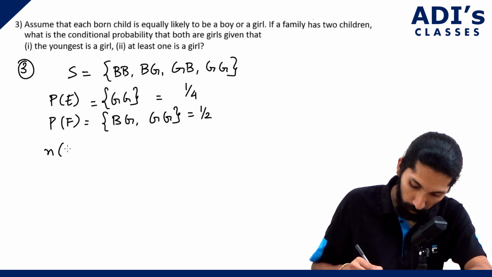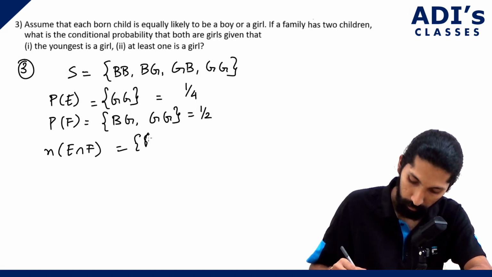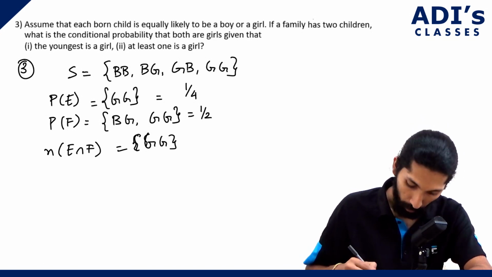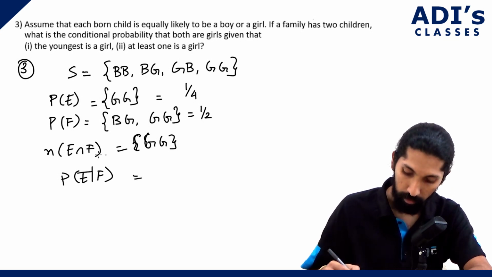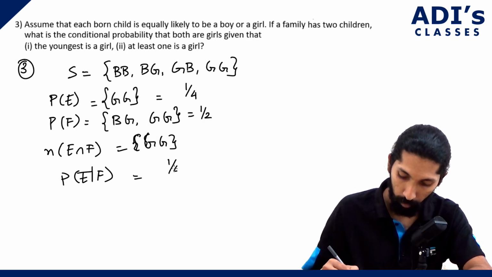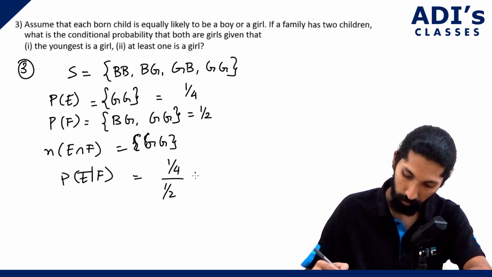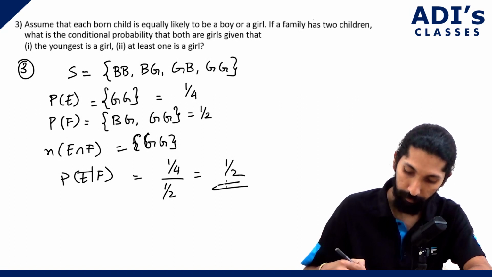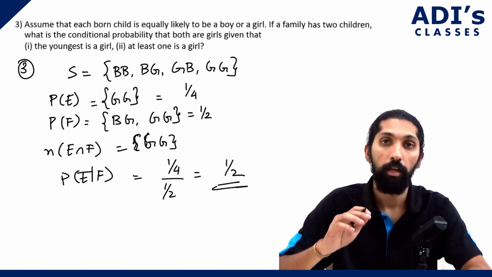Now, E intersection F is going to be just GG. So P of E given F is going to be 1 by 4 divided by 1 by 2. So the answer is going to be half. So probability is half. Very simple. Let's do the next one.